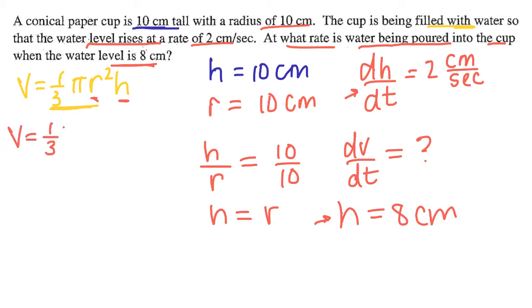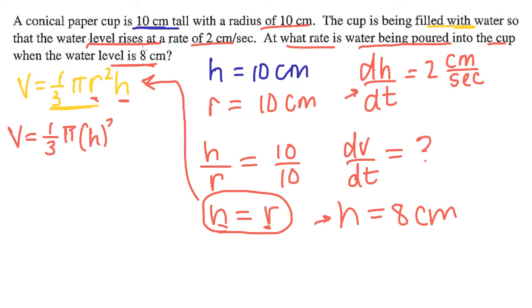I'm not doing the derivative yet. Since R and H have this relationship, everywhere I see an R, I'm going to plug in an H. So that means I'm going to have H squared times H. So this volume formula for this particular problem works out to be 1/3 pi H cubed.